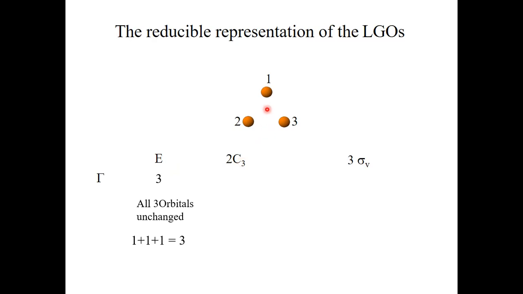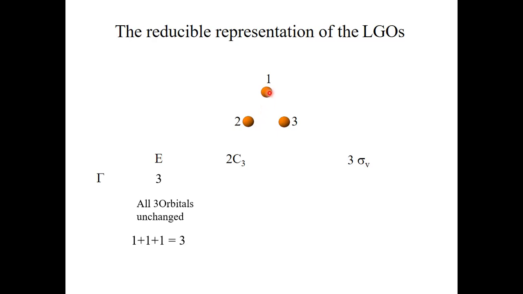The C3 axis would stand perpendicular to the base of the NH3 molecule, to the base of the trigonal pyramid, and therefore we would rotate around all the three hydrogen atoms and the 1s orbitals with them.